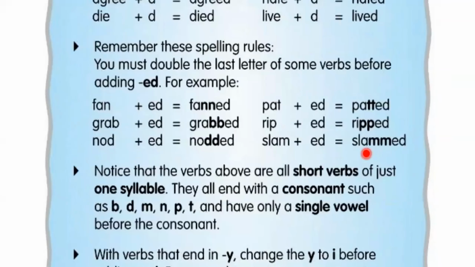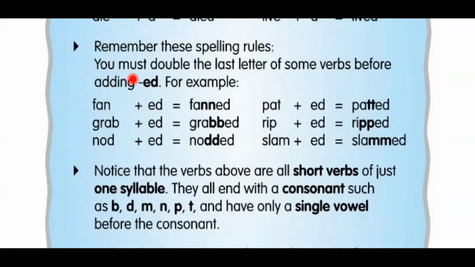Now see over here, another rule. Remember the spelling rules. You must double the last letter of some verbs before adding ed. Notice that the verbs above are all short verbs of just one syllable. Syllable, all of you remember, right? A syllable is a unit of pronunciation. Fan, grab, nod, pat, rip, slam.